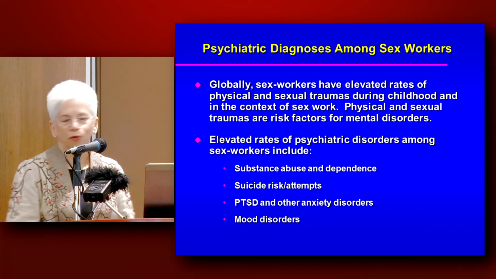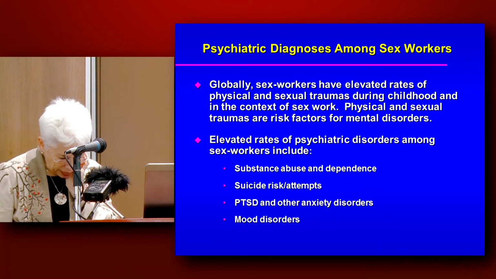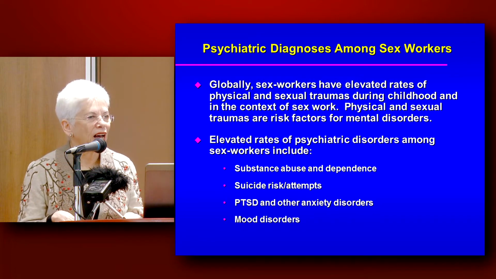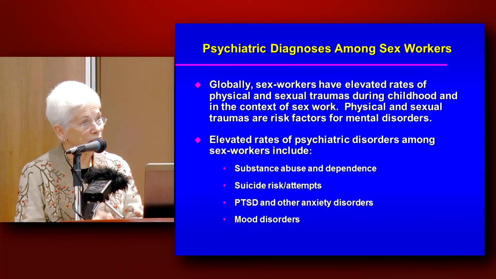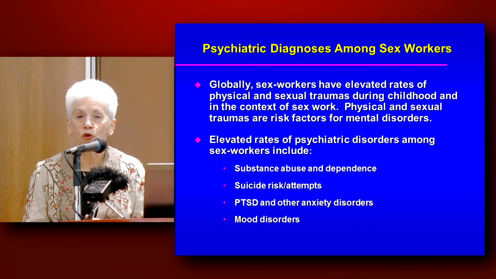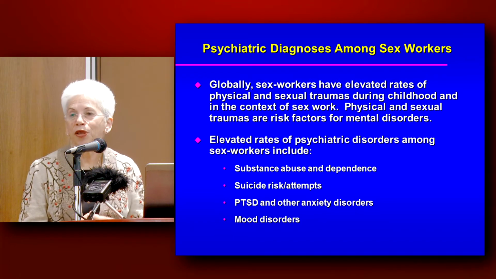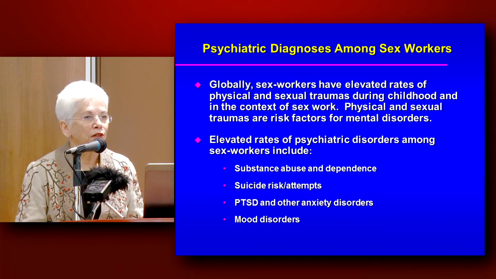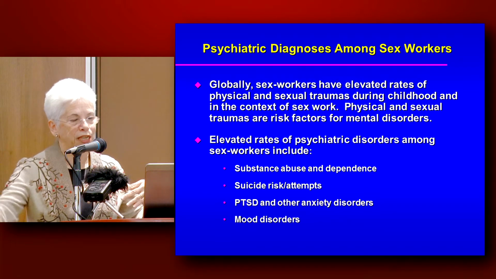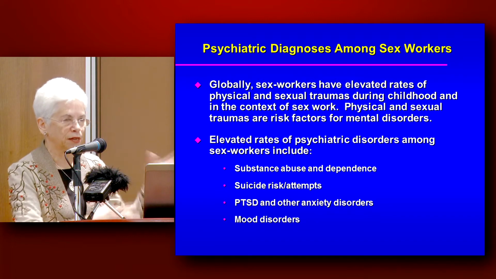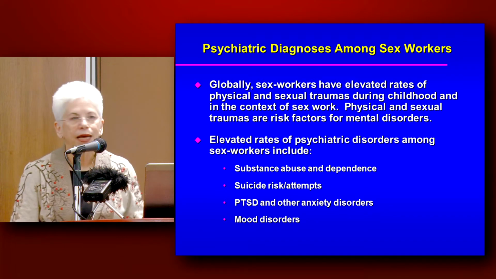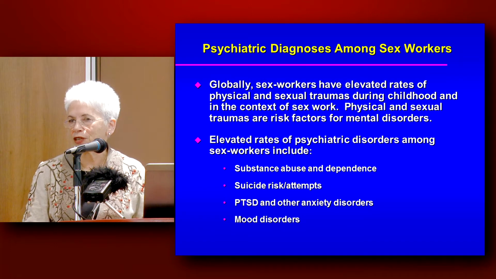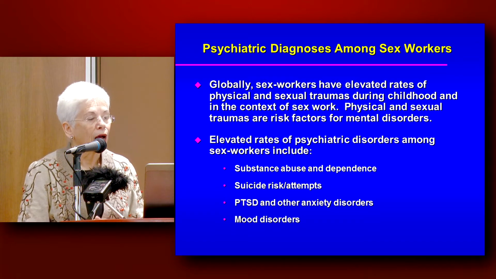And then we have sex workers. So I've actually done a lot of reading about the mental health of sex workers. And there's a huge literature on it. The mental health of sex workers is quite poor, especially when they do outdoor sex work versus indoor sex work. So for those of you who are unfamiliar with that, outdoor sex work is on the street. Indoor sex work is in a much more protected environment. And when you look at sex workers, they frequently have childhood histories of physical and sexual abuse.